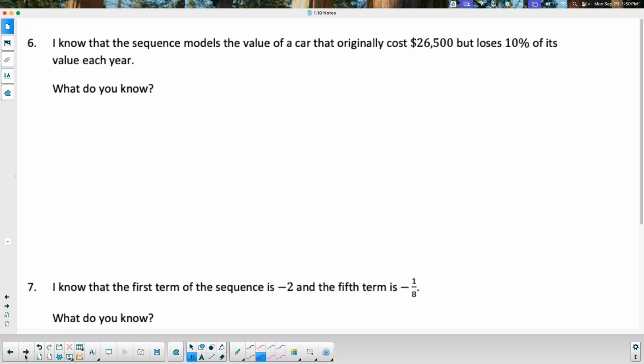I know that the sequence models the value of a car that originally costs $26,500 but loses 10% of its value each year. What type is it? Geometric. Yep, percentage always is geometric. If it loses 10%, how much does it retain then? 90%, so my R value is 0.9. Yep.